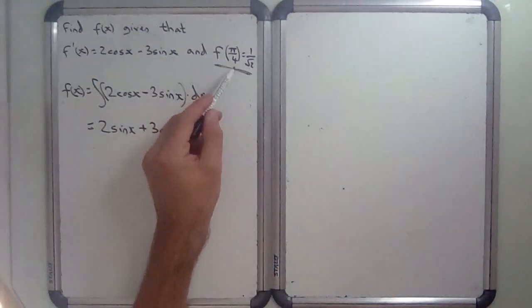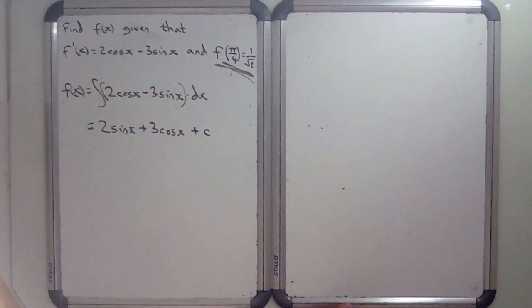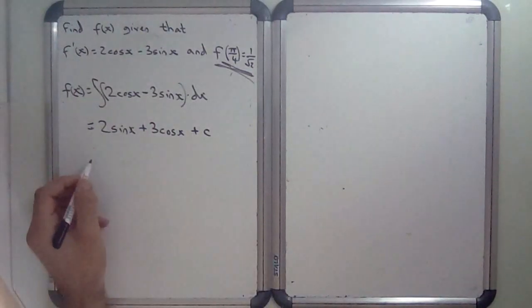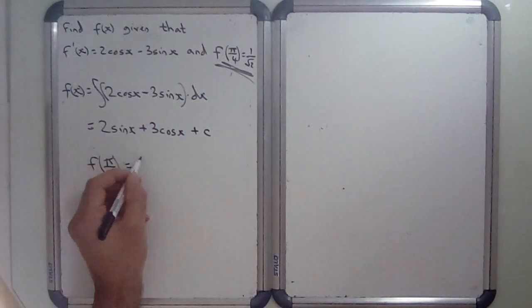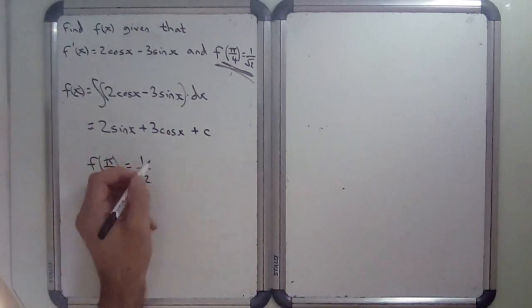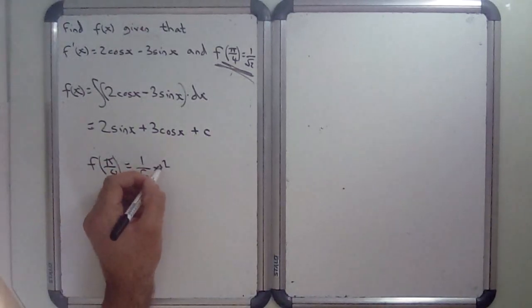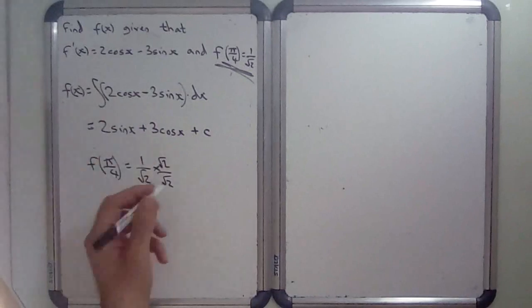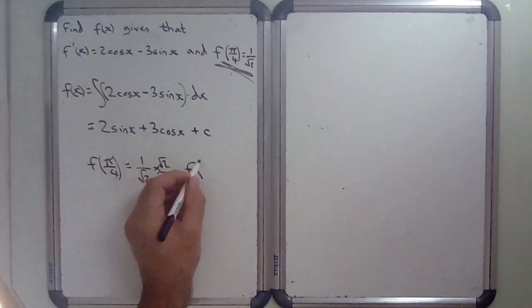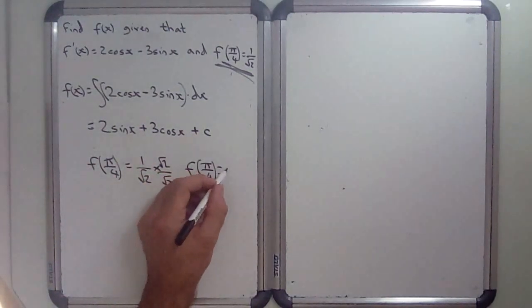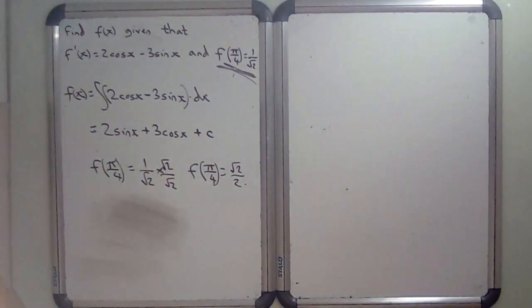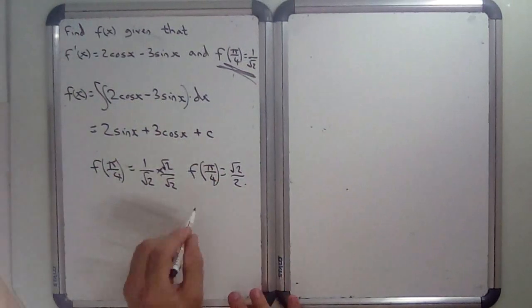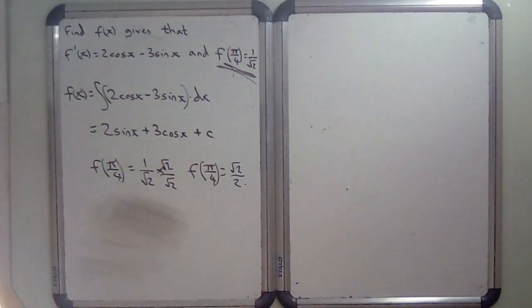Now we need to use this piece of information to find a particular value. It says f of pi by 4 equals 1 over root 2. If you rationalise it, multiplying by root 2 over root 2, that tells us f of pi by 4 equals root 2 over 2.